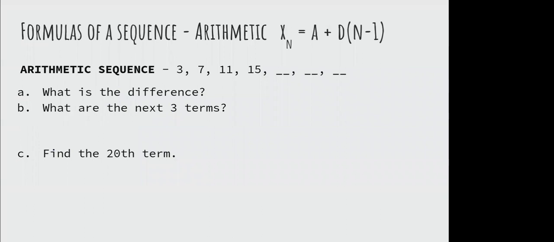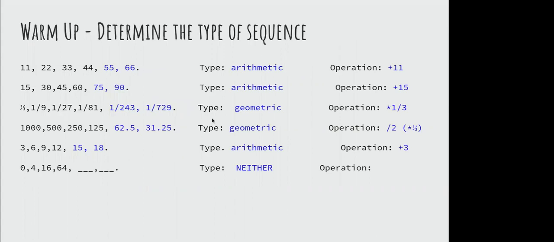There are times when we talk about sequences, and like in this one, they gave us 4 terms, term 1, term 2, term 3, term 4, and we had to figure out terms 5 and 6. But sometimes they'll give us 4 terms and then tell us to find a term further down the sequence, the 11th term, the 15th term.